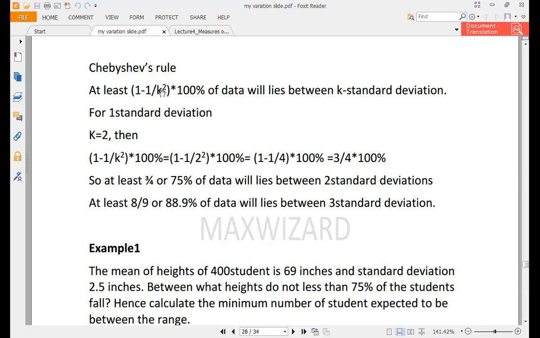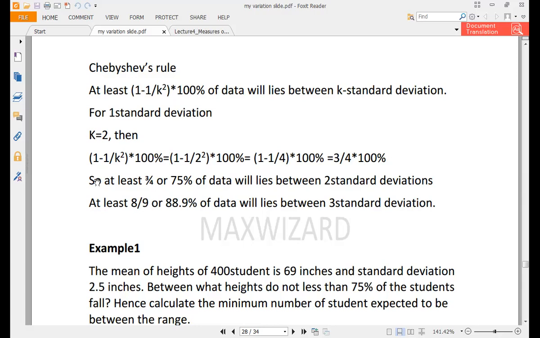So you are going to say 1 minus 1 over 3 squared, which gives you 1 minus 1 over 9, and that will give you 8/9. So that is why we said 8/9, or you multiply it by 100 and get the percentage, 88.89% of data, that will lie within 3 standard deviations.